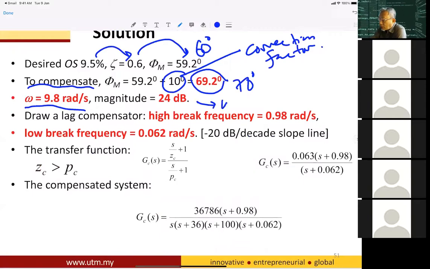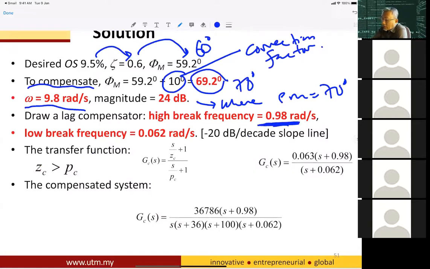So we draw a lag compensator whose high break frequency is 1 decade before 9.8, which is 0.98. And the low break frequency is 0.062 radian per second from the drawing, roughly, with a minus 20 decibel per decade slope line.